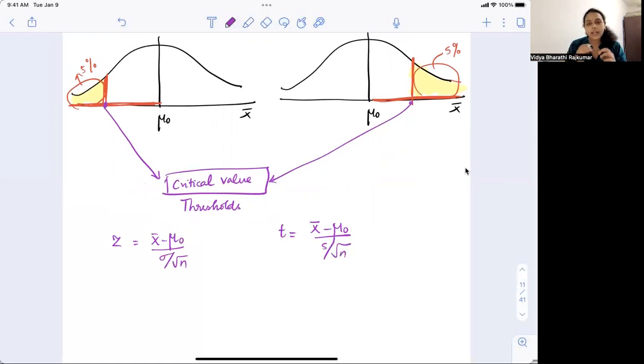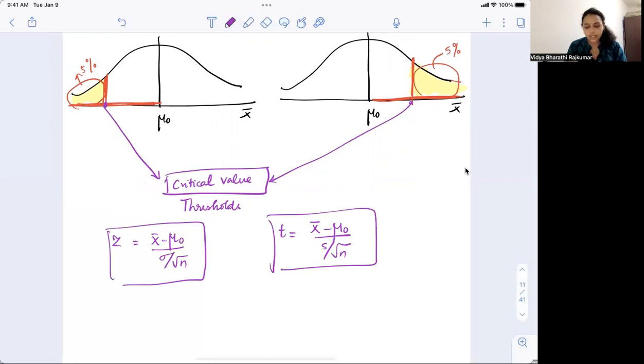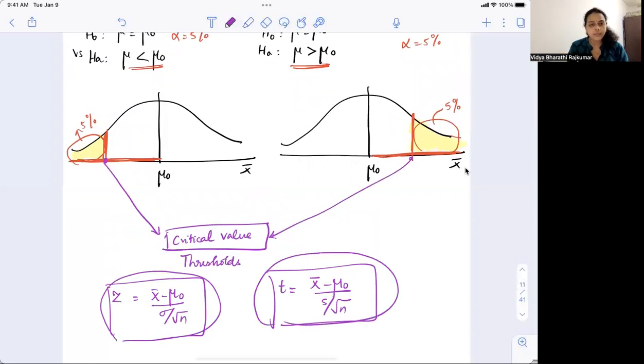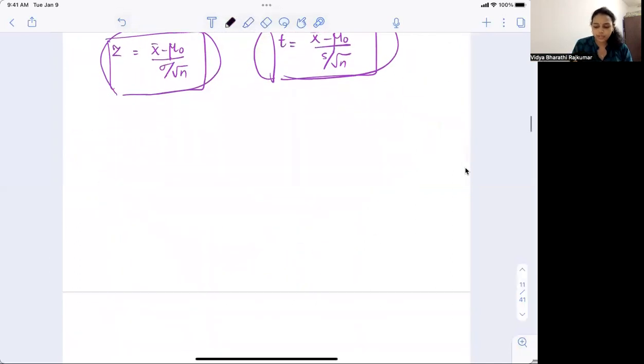Now, why am I depicting these critical values using complicated expressions like these when I've only been showing you graphs that have x bar and mu naught? Where is all this coming from? Well, it's very simple. We know that whenever you have a normal distribution like this, I could always redefine the random variable in such a way that the redefined random variable follows a standard normal distribution.